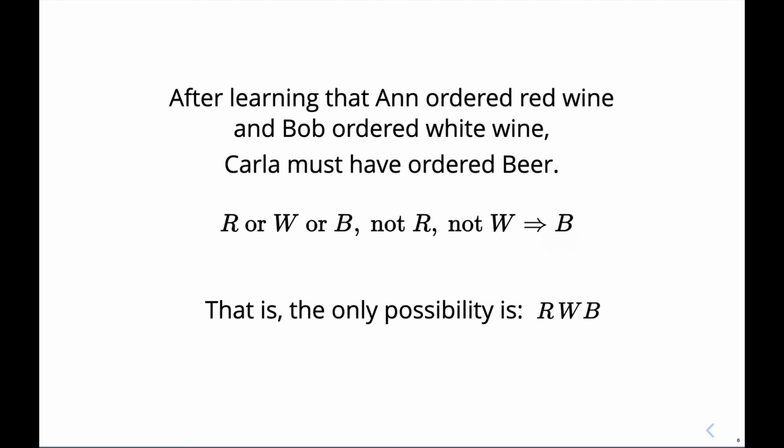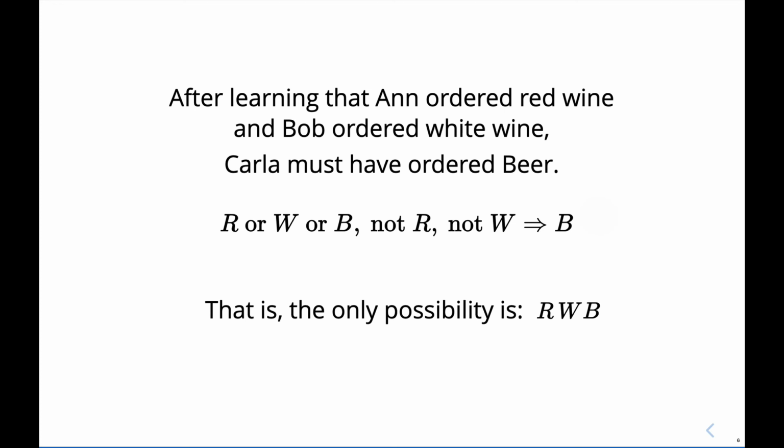So the waiter initially is uncertain. Carla ordered either red wine or white wine or beer. Then the waiter learns that Carla did not order red wine, and then the waiter learns that Carla did not order white wine. And so then the waiter infers or concludes that Carla must have ordered beer.